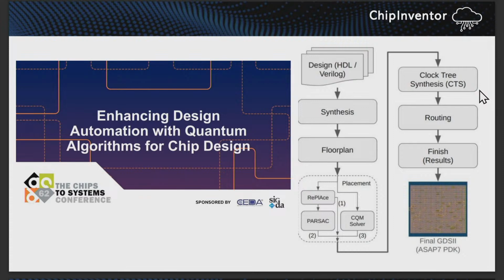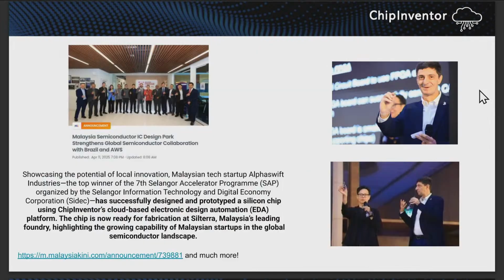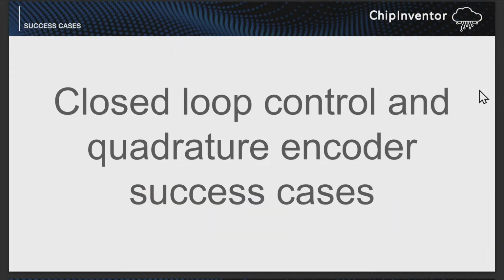Just to let everyone know that we are also working on the basics of the tools, and we plan to collaborate on such results. We are also working with Malaysia and AWS to use Chip Inventor to train a lot of students in Malaysia. They see it as a good option to get a lot of students started in the semiconductor design world. Well, we are AWS partners.